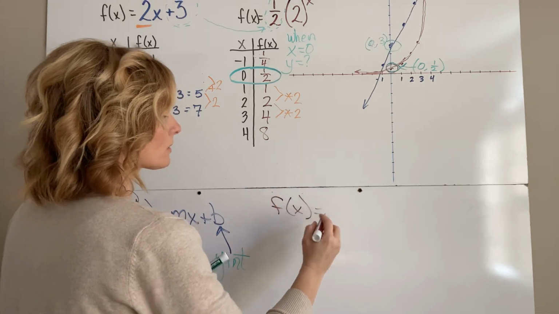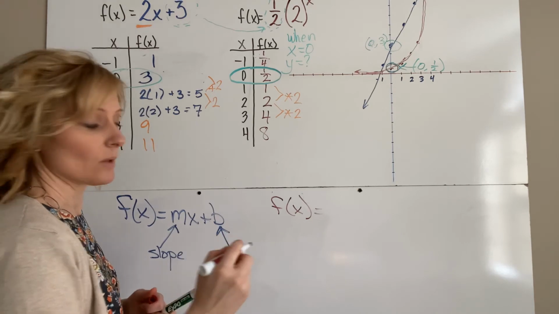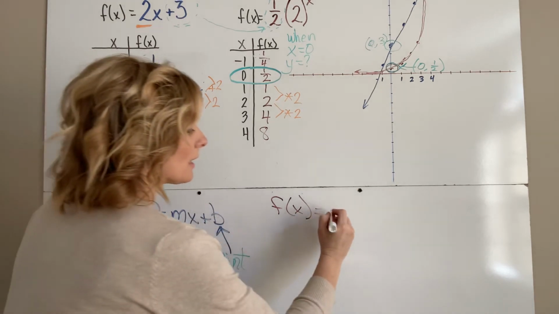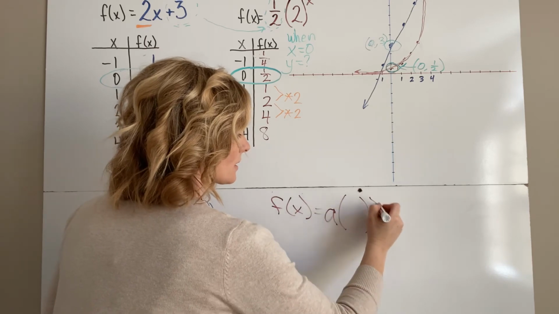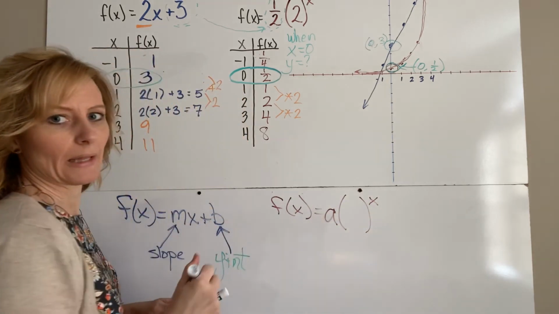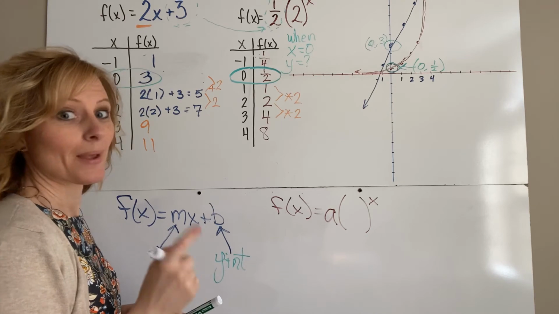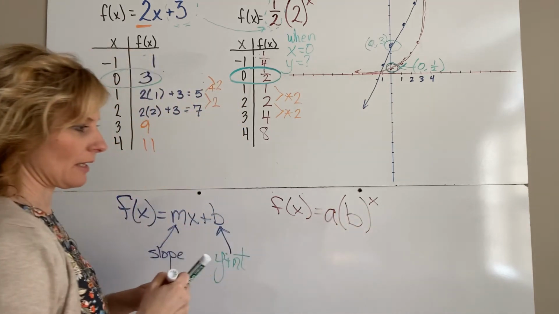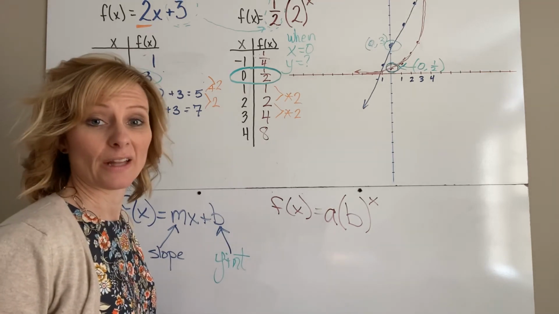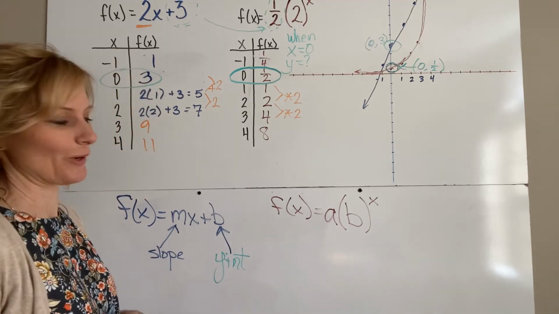So then for our other piece, for our exponential function, we have f of x equals, do you guys remember what this one is? We did it just before the break. It's a times something to the x. You guys remember what that letter is in there? B. Okay? ab. I guess if we had another letter, it would be c. We don't need to worry about it.